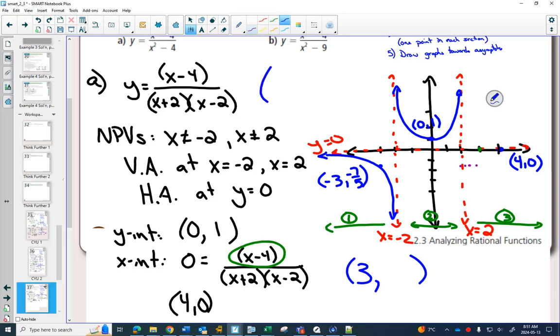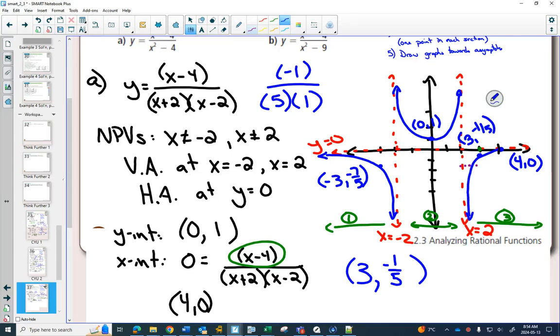But when we plug in 3, we would get in the top of our fraction a negative 1. 3 plus 2 is 5. 3 minus 2 is 1. This will end up being negative 1/5. So as far as where that is on my graph, (3, -1/5). That's below the x-axis. Well, that would tell me, connecting those 2 points, it has to go down towards my asymptote.